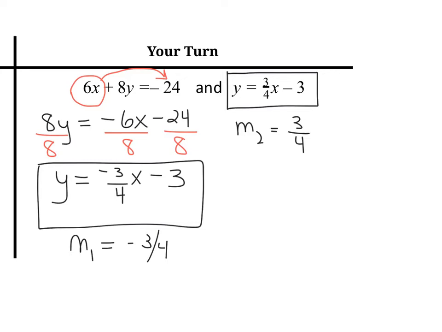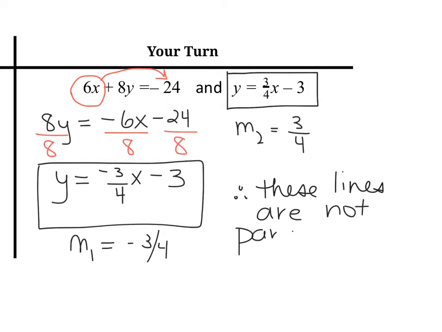No, they are not. So we can go ahead and write a concluding statement by saying, therefore, these lines are not parallel since the slope of line 1 is not equal to the slope of line 2.